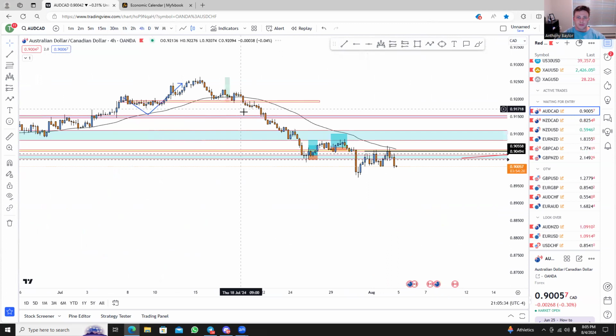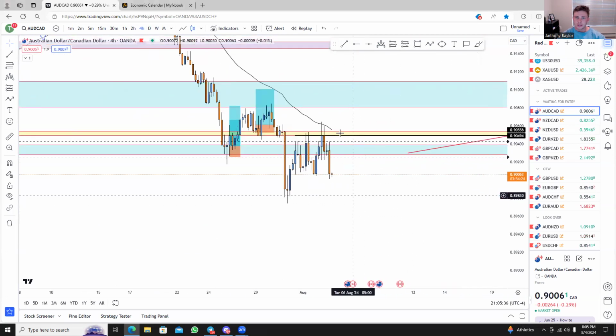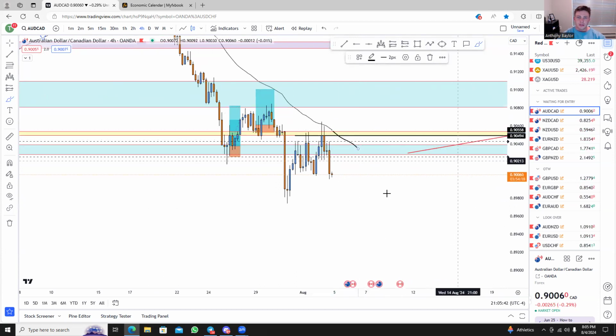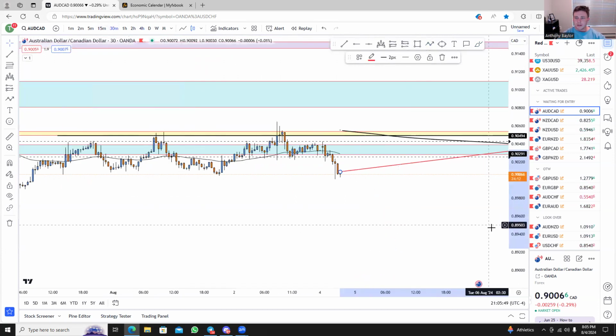Obviously, we need to go down to our 4 hour, see the structure. I want to see our 4 hour EMA come back into here, and then I want to see this candlestick come in. Then we'll go down to our 30-minute.